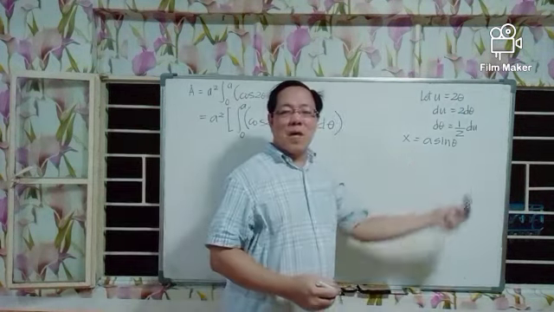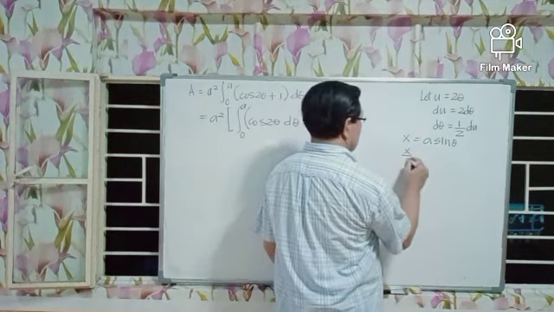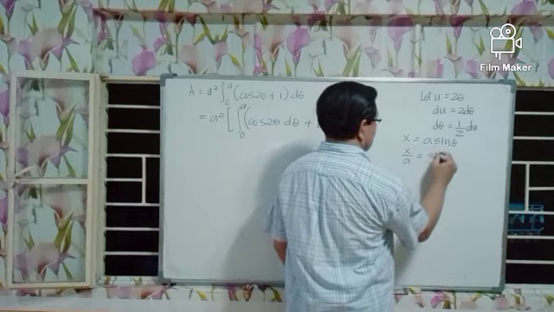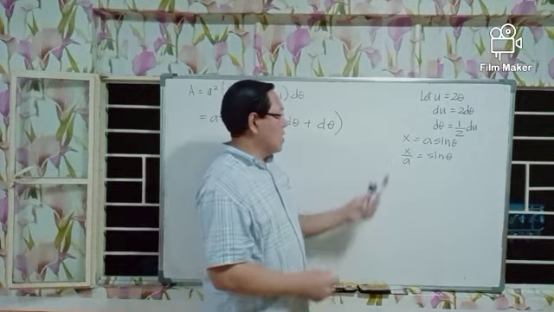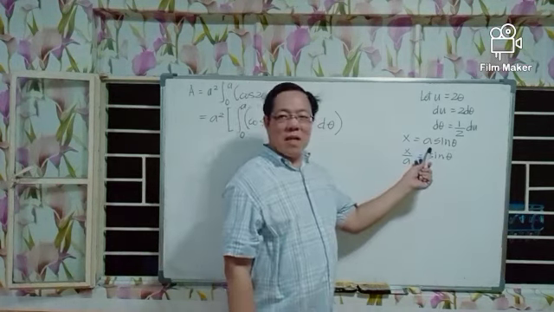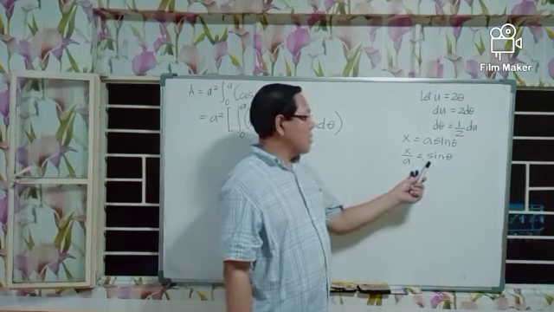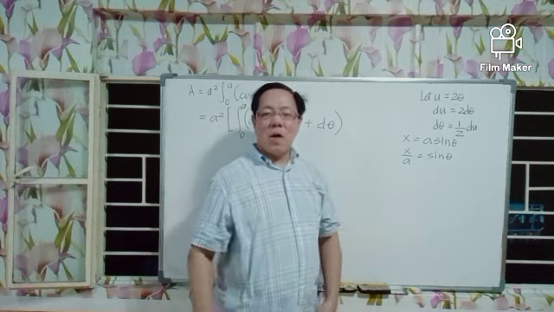From this equation, divide both sides by a. Dividing the left-hand side x by a, you get x over a. Dividing the right-hand side a sine theta by a, you get sine theta. And from this equation, we solve for theta.